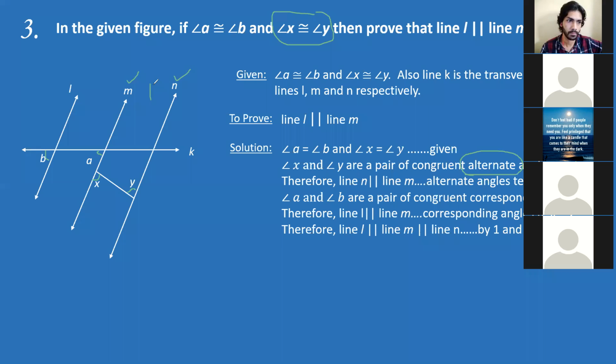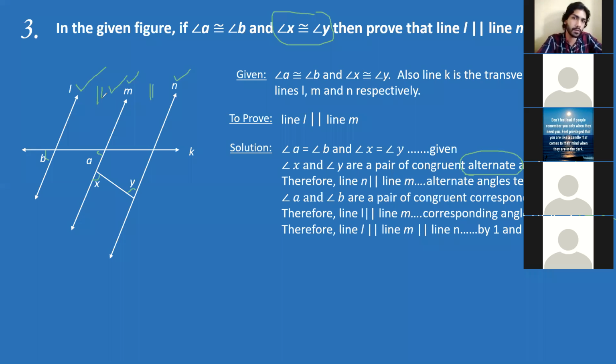In this step we proved that this line is parallel to this line. So we can cut out the common one, M, and then we get L is parallel to N. Basically, it is known as the property of transitivity.